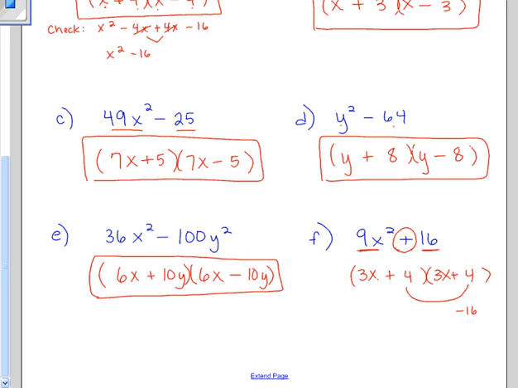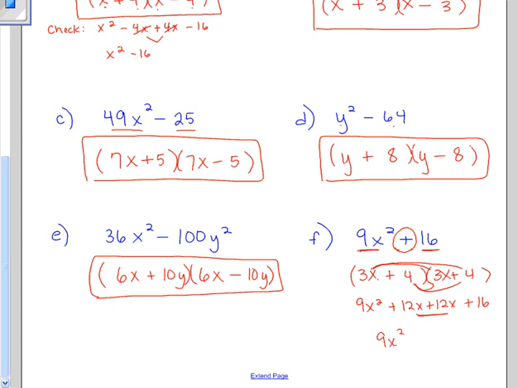If I made them both positive, then when I check this, I would have an extra term. I would have 9x squared, then 3x times 4 would be 12x. 4 times 3x would be 12x. 4 times 4 would be 16. And my middle terms would not subtract out.